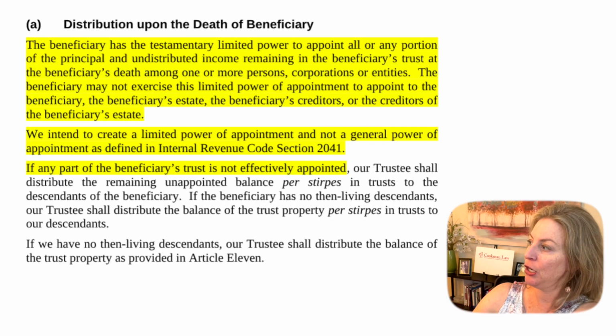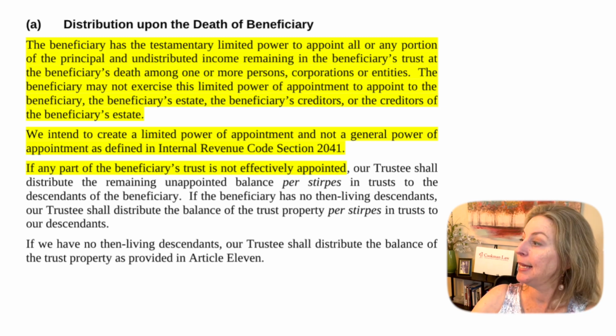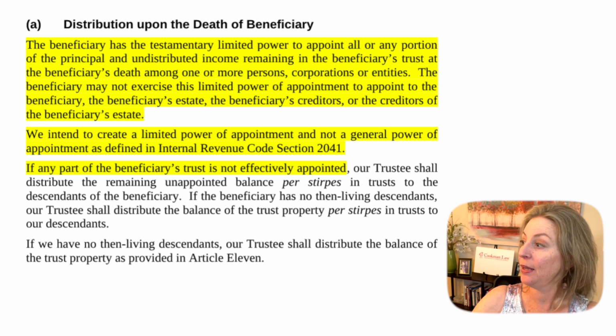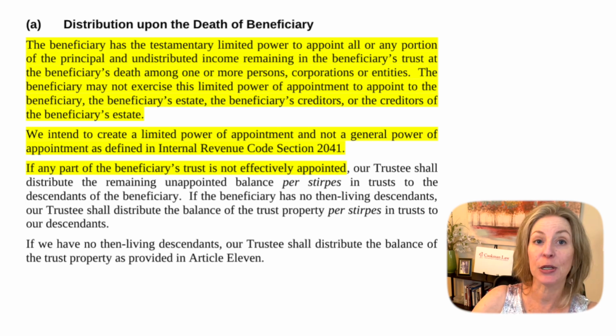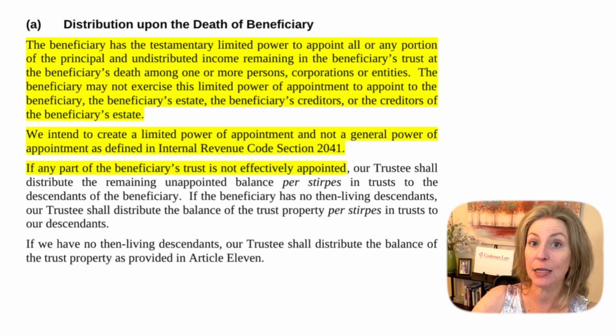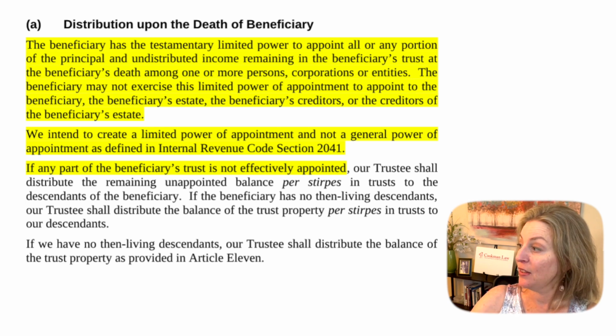So the beneficiary, in this example, that would be me, has the testamentary, that means upon my death, not during my lifetime, but upon my death, the testamentary limited power to appoint or redirect all or any portion of the principal and undistributed income remaining in the trust, my trust, at my death, among one or more persons, corporations, or entities. But it's limited.